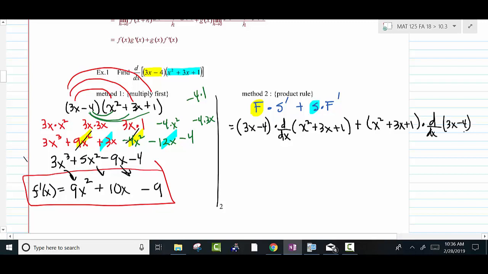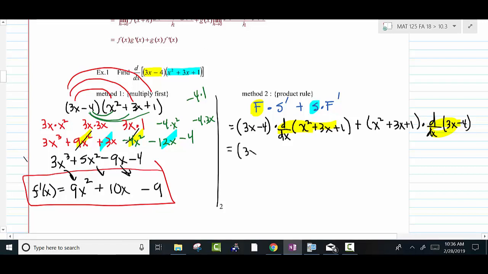Just get it set up in your rule, and then we'll work out the derivative. We should ultimately get the same answer. Does anybody have a question about how that's put in the formula? Okay, good.